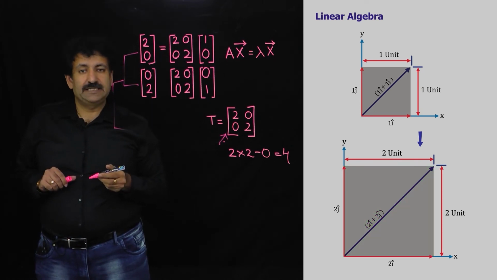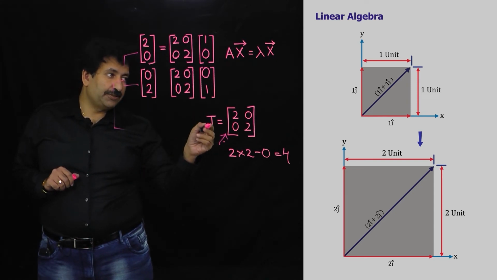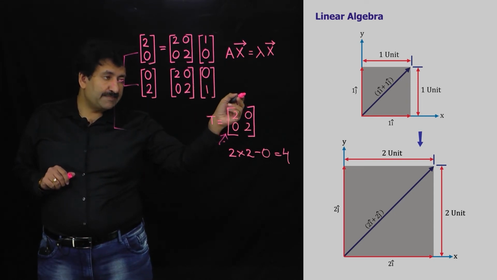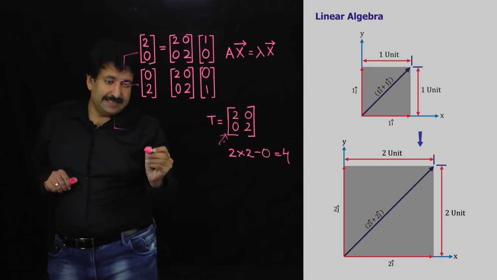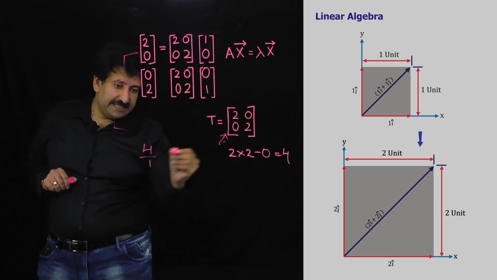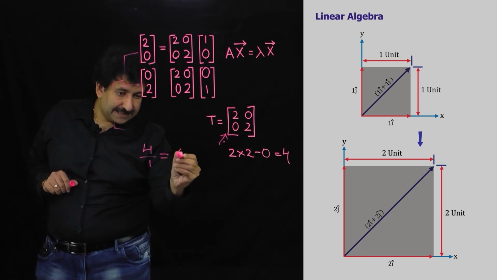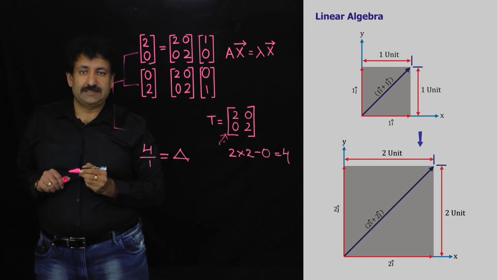And one observation that must very categorically be done is that the ratio of the new square space divided by the original square space area is nothing but 4:1, which we now concluded is nothing but the determinant of the scaling matrix.